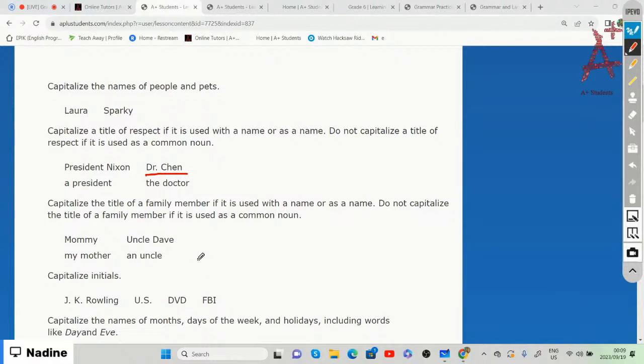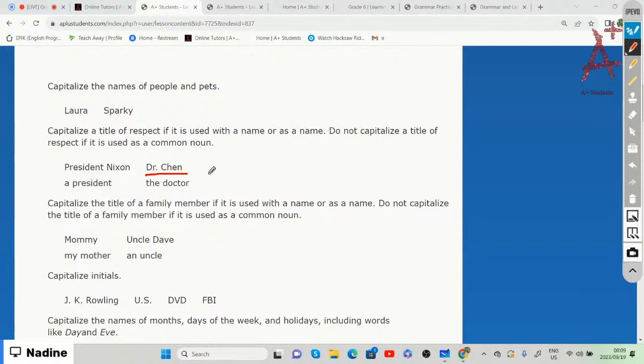So we capitalize the titles of respect if they are used with a name or as a name. But if the title of respect is used as a common noun, then we do not capitalize it. The same with president.